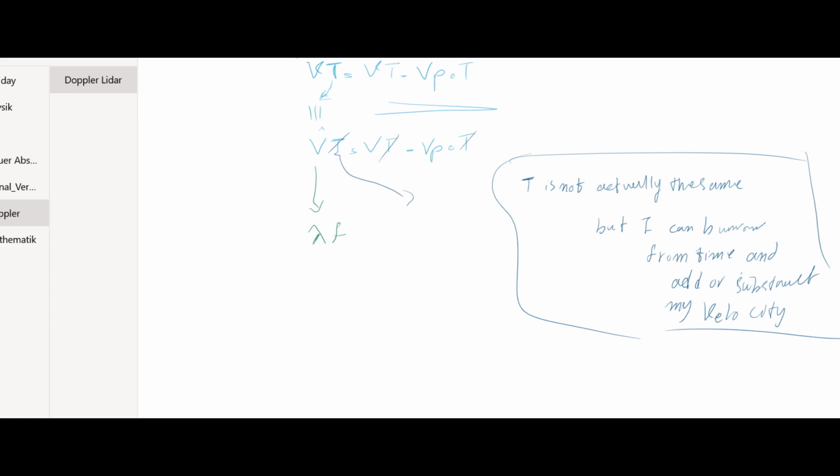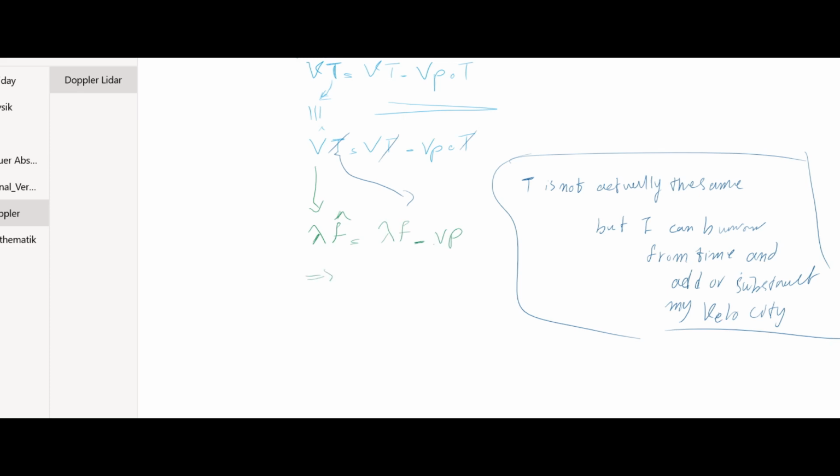These two are two different things. So I can change my lambda or my frequency and let the lambda be the same. Therefore, lambda multiplied by frequency is again lambda multiplied by frequency minus the velocity of the object.